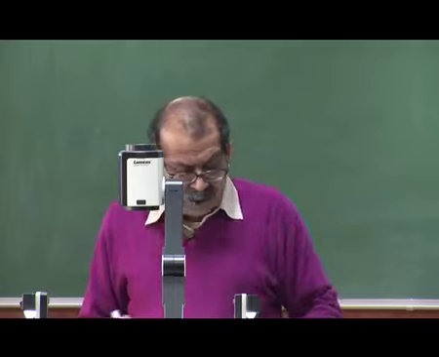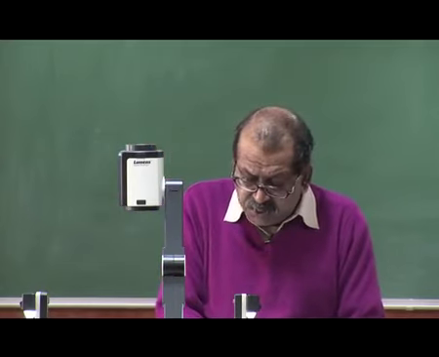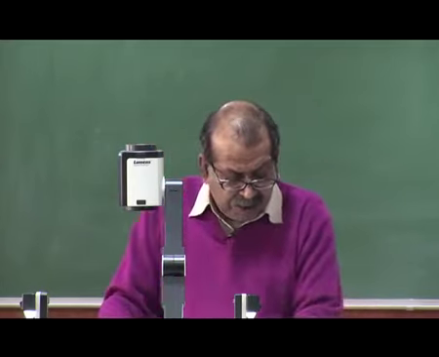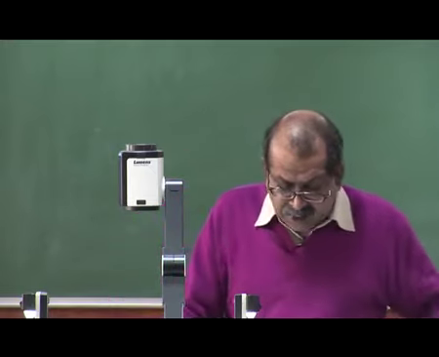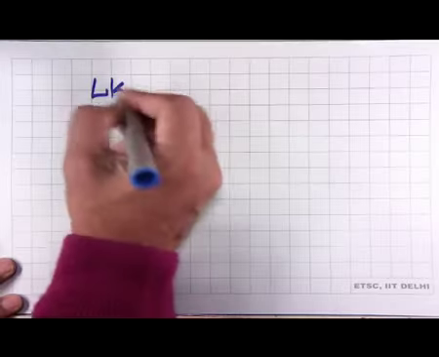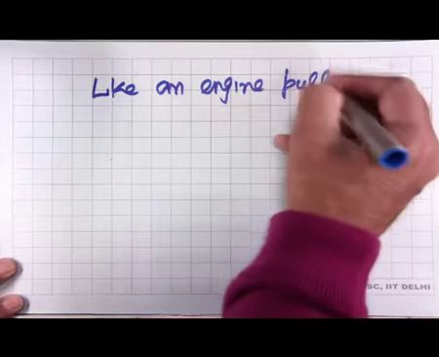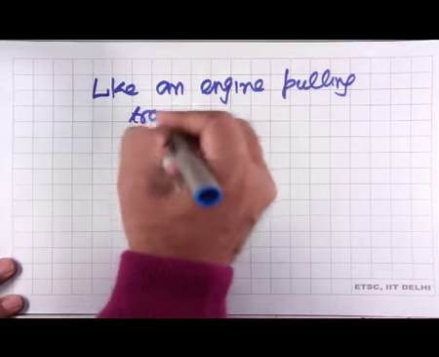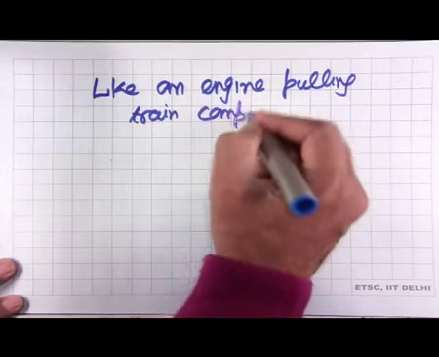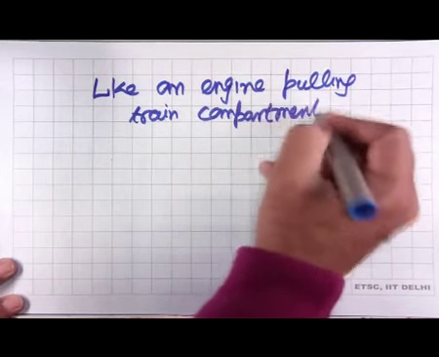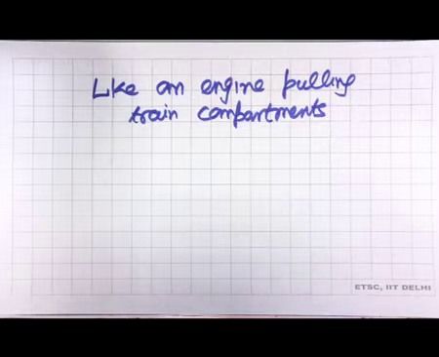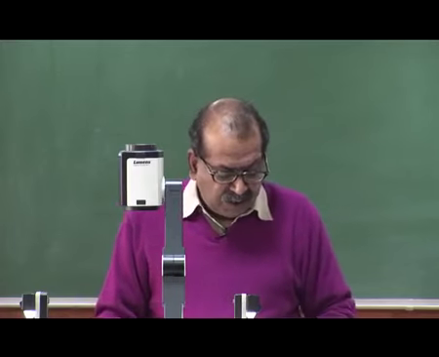So, what we see also is that the tension in each string on the right keeps on reducing, and this particular example is something like an engine pulling train compartments, and this gives you the forces in the links between the various compartments of the train.